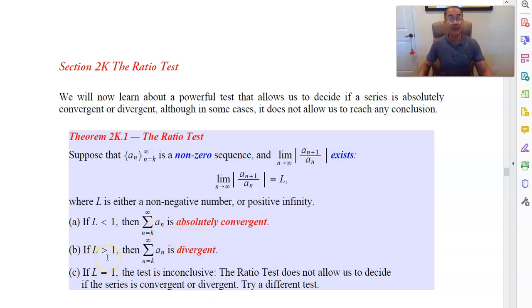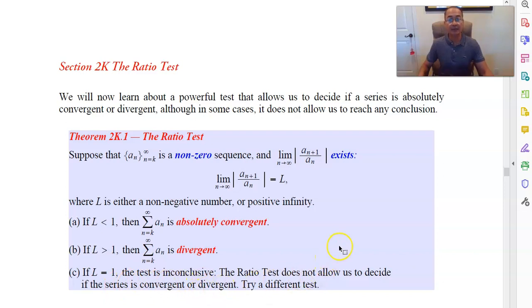However, if the limit is bigger than 1, then the original series is divergent. Not just the series with absolute values, but even worse, the series without absolute values. If the limit is 1, the test is inconclusive.